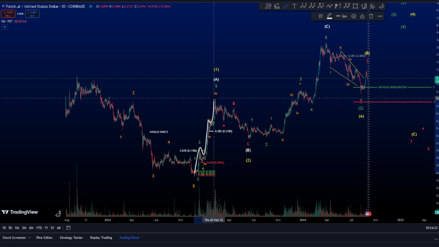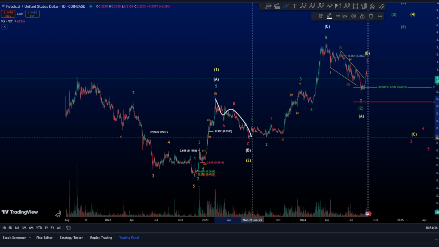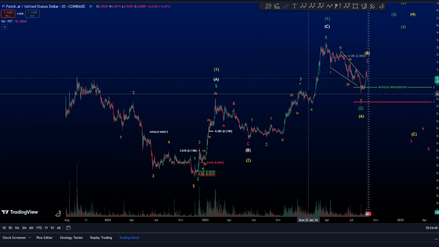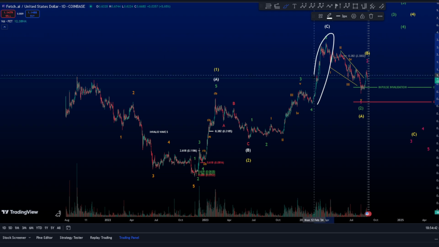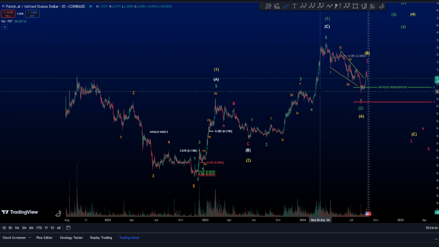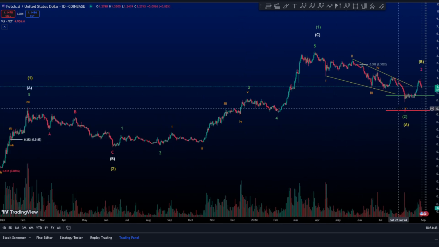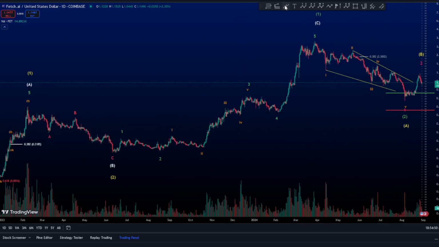And we can see 1, 2, 3, 4, 5, and then A, B, C, and then 1, 2, 3, 4, 5 again. However, in this scenario, in the wave 5 here, I have a very short wave 3, and in the wave 1 of this wave 5, we cannot really count a wave 2.